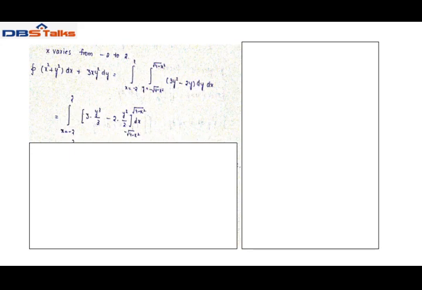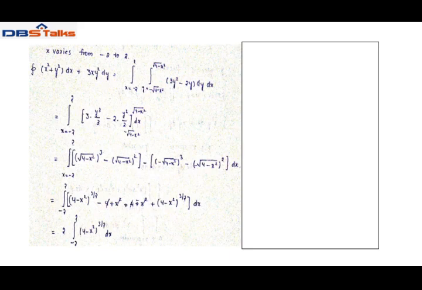That equals, first we integrate with respect to y. So that equals the integral x from −2 to 2 of, now integrating with respect to y, y² integrates to y³/3 minus 2 into y²/2, with the limits −√(4 − x²) to +√(4 − x²).